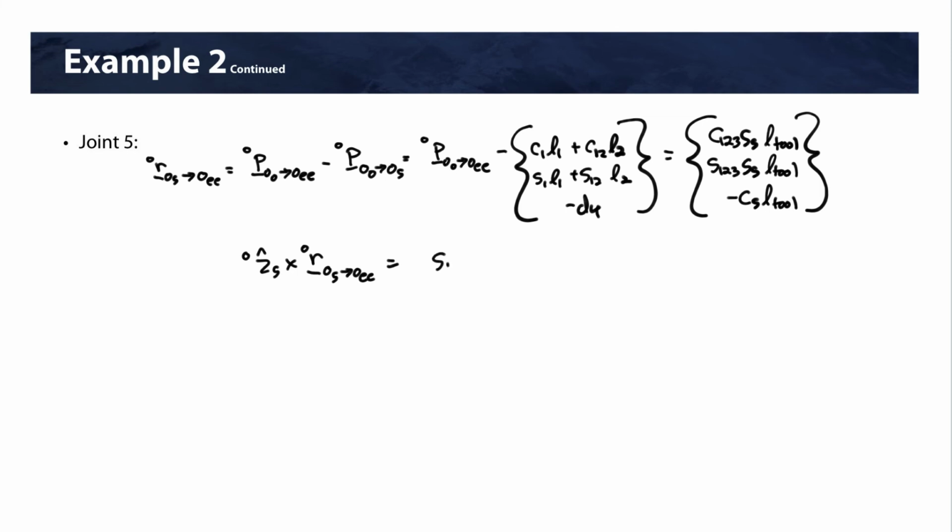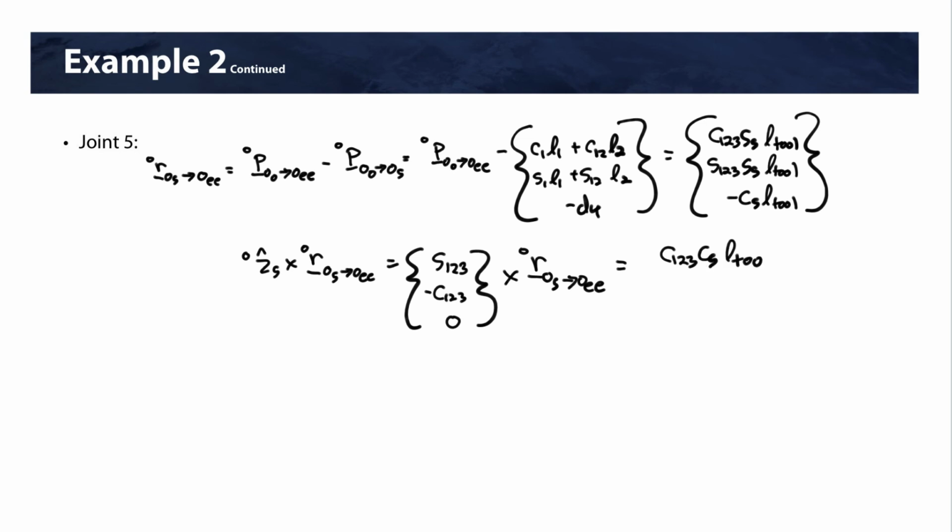It's going to be S123, minus C123 and 0, cross R. All right, and if you do that cross product, you'll get C123 C5L tool, you get S123 C5 L tool, and you get S5 L tool.